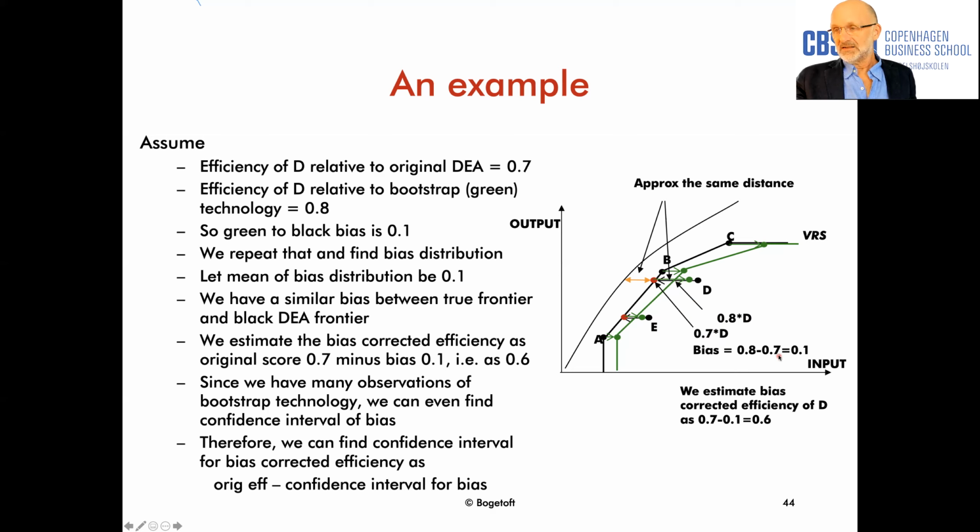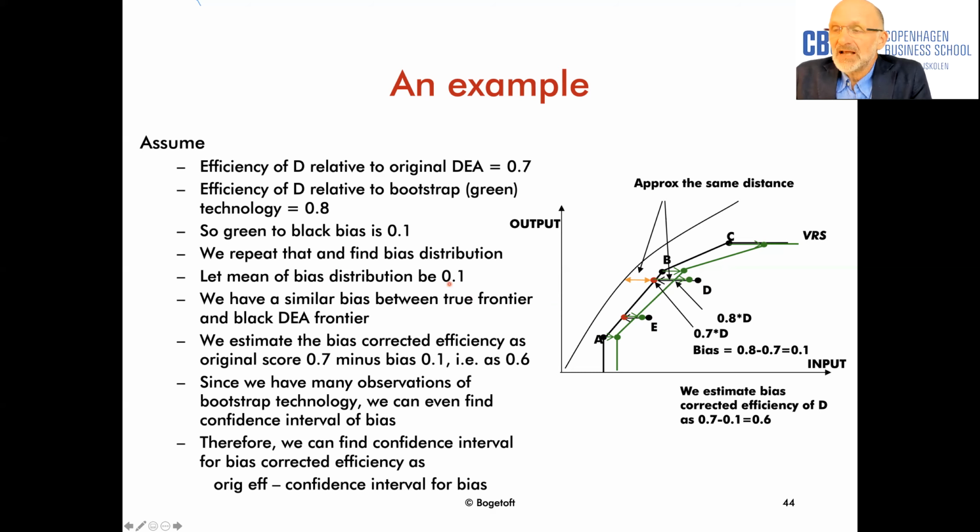So the bias is really 0.1. That's what I write here. Now I can do that 2000 times, and that has two implications. It means that I get 2000 observations of the bias that this firm D is facing, and I can take the mean of that, and let's assume that in this case it is also 0.1.